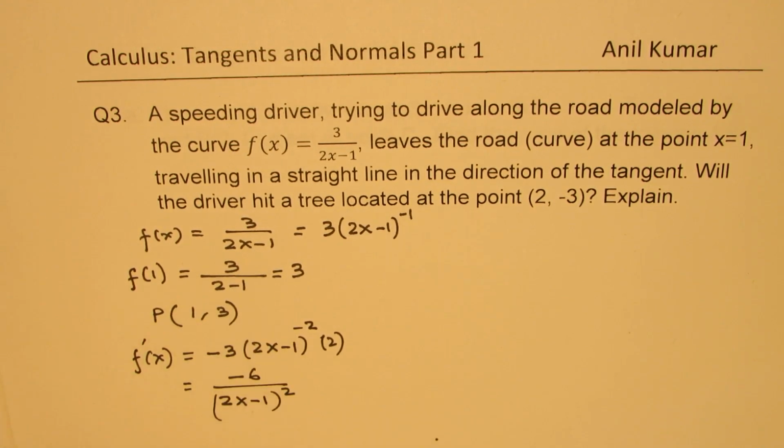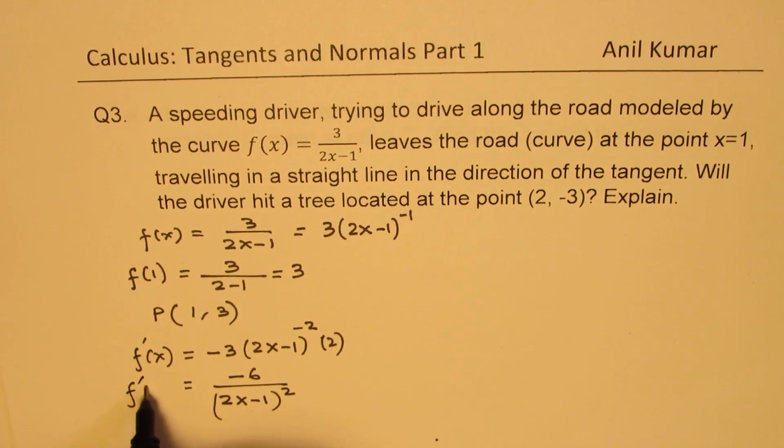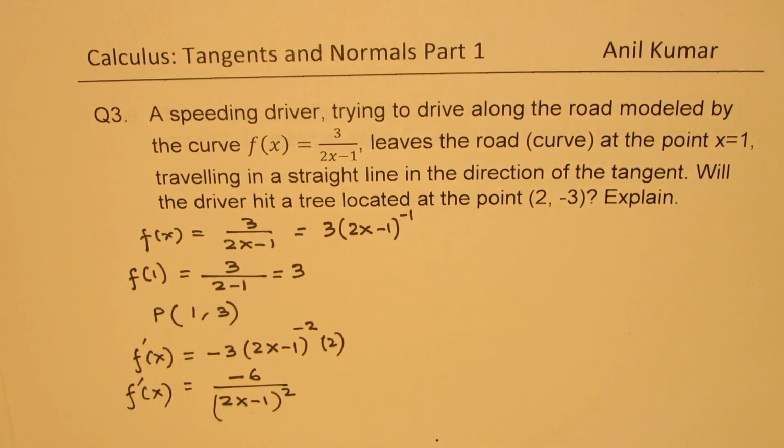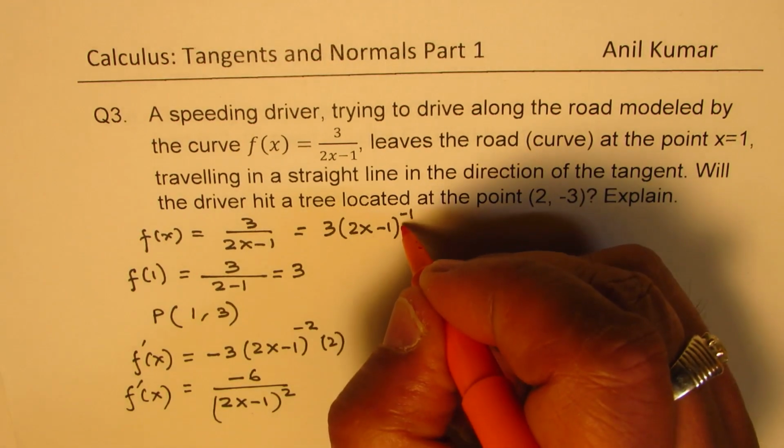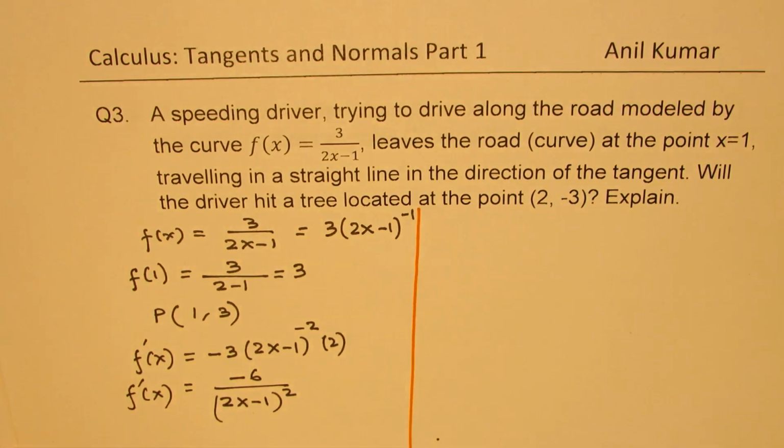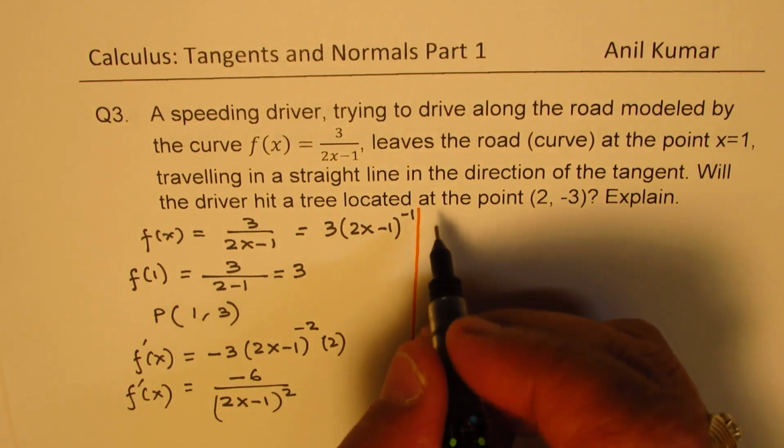Or you could apply the quotient rule, right? So either way, it could be done. So that becomes the derivative. Now, let's find the slope of this tangent line at x equals 1.